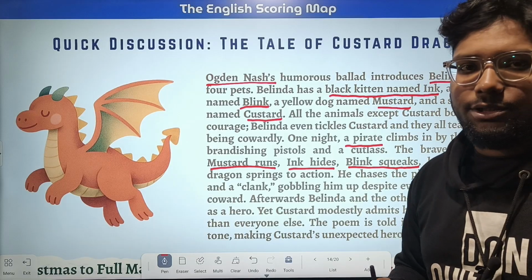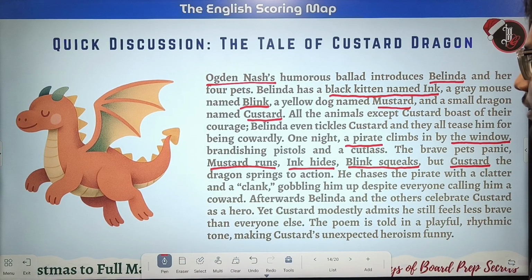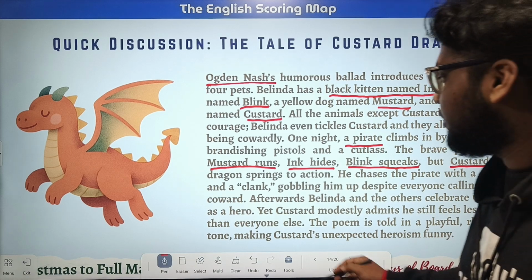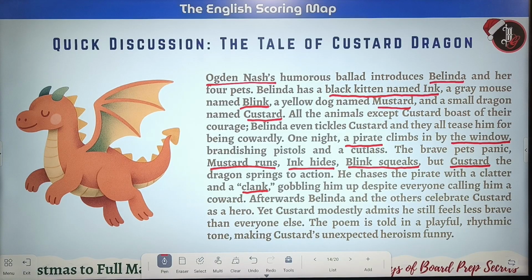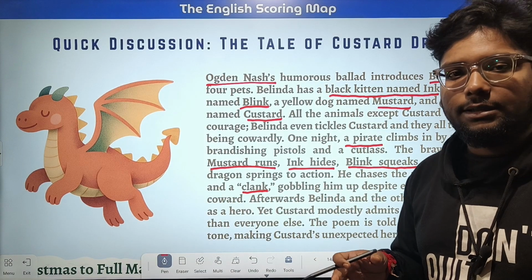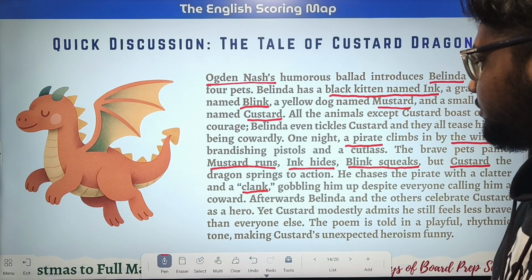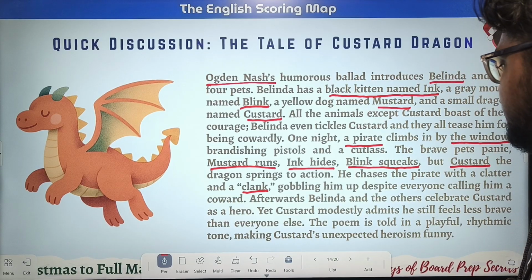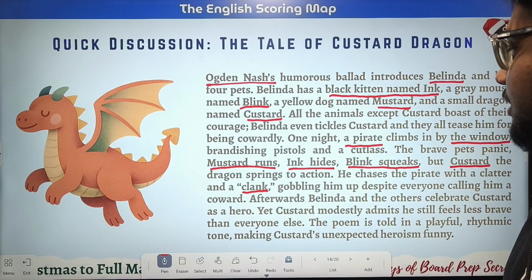Now he started taking action against that pirate. He chases the pirate with a clatter and a clank, gobbling him up despite everyone calling him a coward. So Custard just gobbled the pirate up without being scared. Afterwards, Belinda and the others celebrate Custard as a hero.